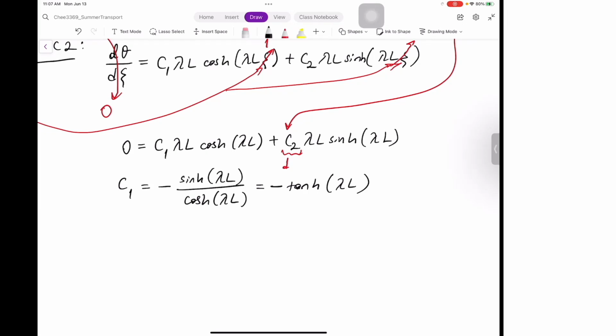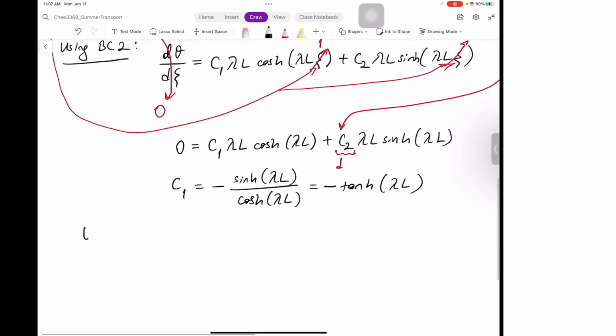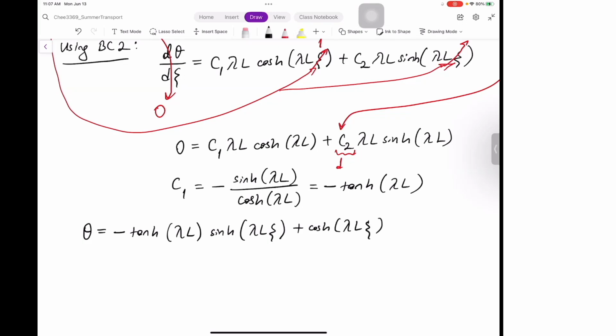So let's actually wrap up and write down our eventual theta with the C1 and C2 plugged in: minus tangent hyperbolic lambda L, sine hyperbolic lambda L psi, plus C2 is 1, so it's cosine hyperbolic lambda L psi. That's it.